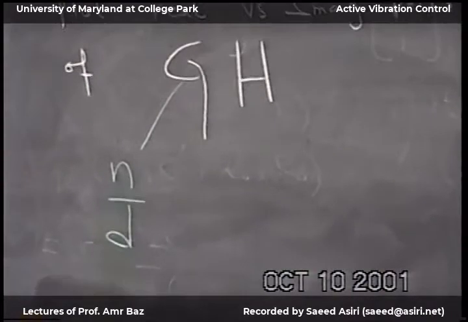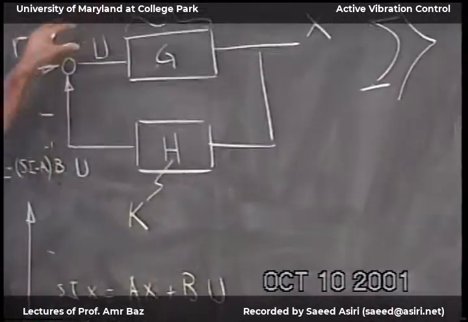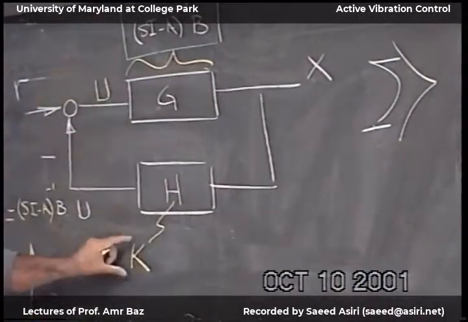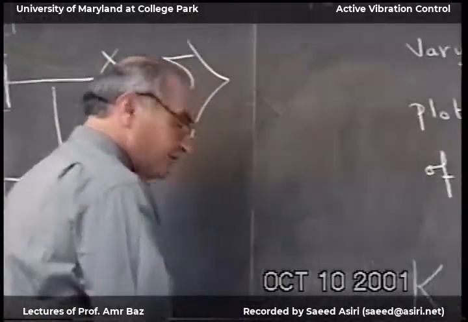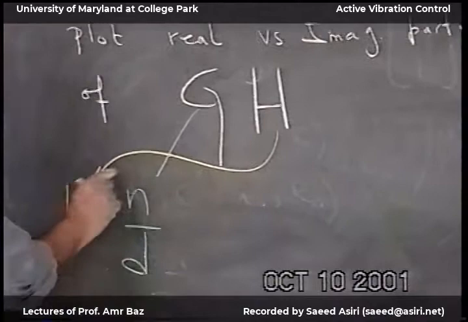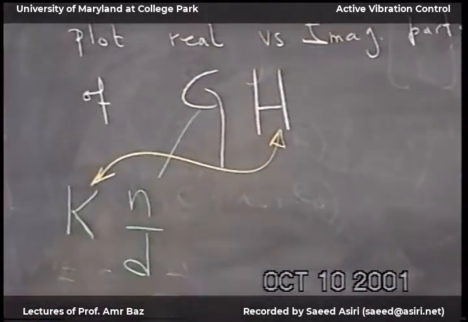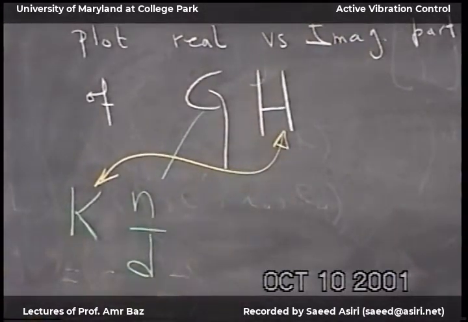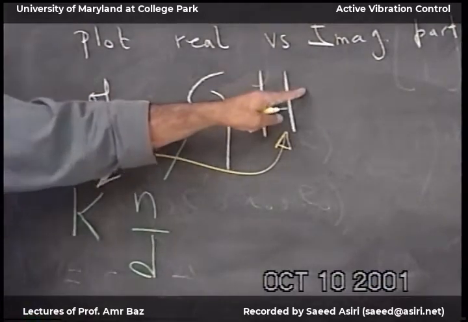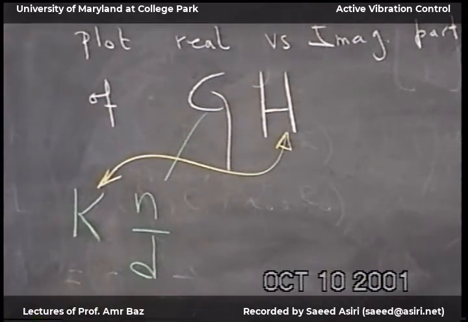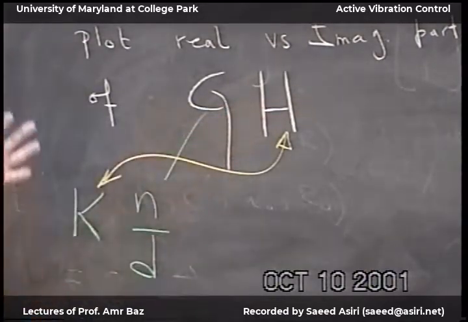And then after you finish this, which is the forward loop, you multiply the result times K. Because this is my H. I'm not plotting 1 plus GH. Bode diagram plots 1 plus GH. The closed loop takes the closed loop system.